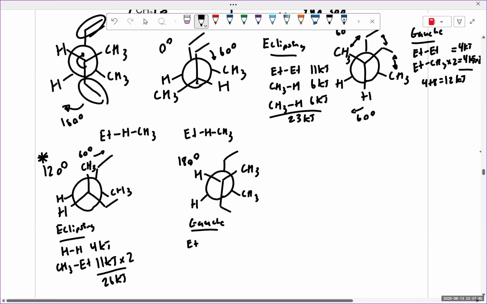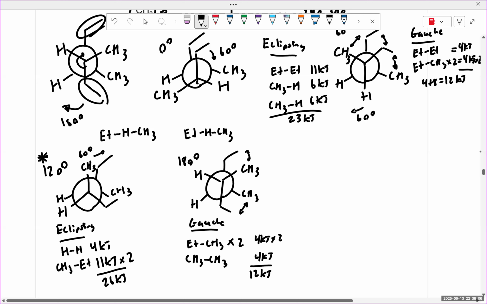We have an ethyl-methyl. We have 1, 2 of those. And we have a methyl-methyl gauche interaction. So this is about 4 kilojoules times 2 and 4 kilojoules, which gives us 12 kilojoules in total.